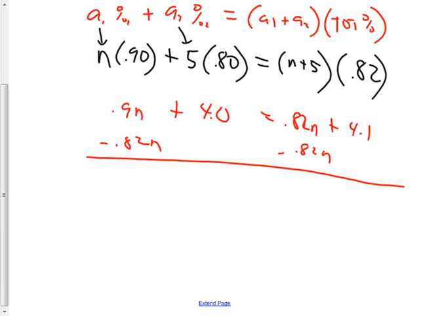And then 90 minus 82 is going to be 0.08. And subtract, that's supposed to be a plus, subtract 4 from both sides.